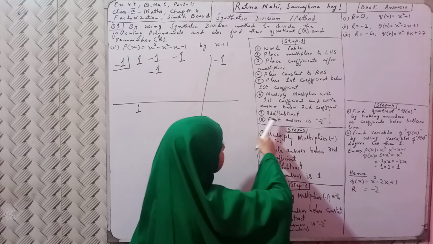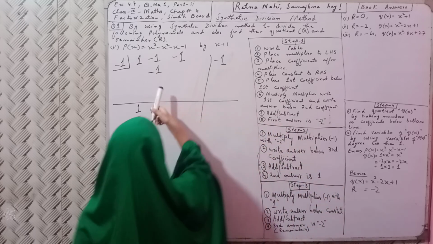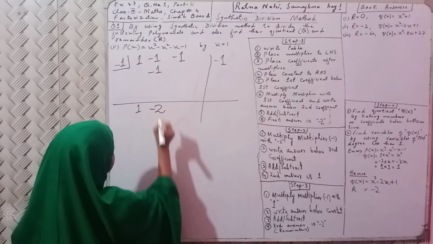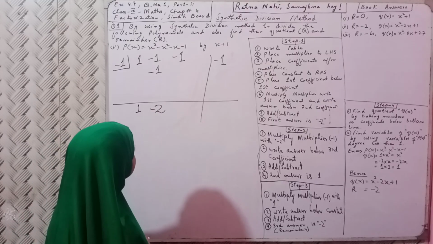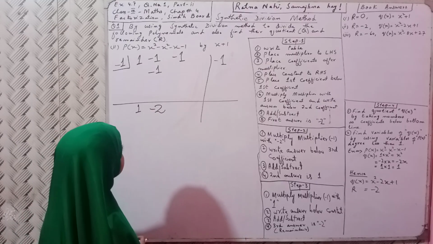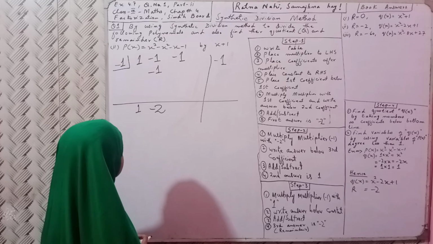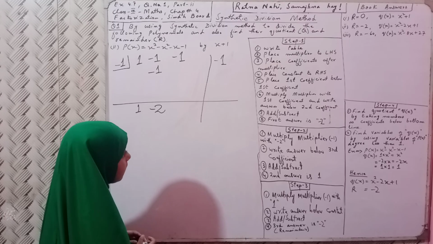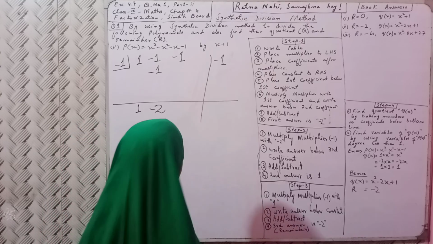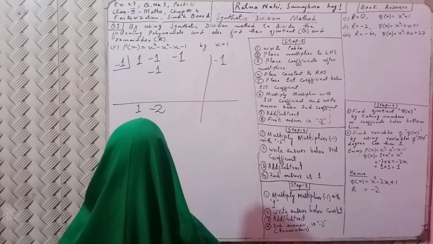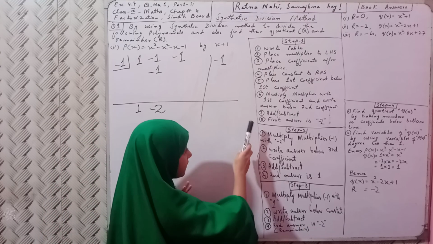Multiply with the first. Done this. Now add, subtract. Add, subtract, done this, add.